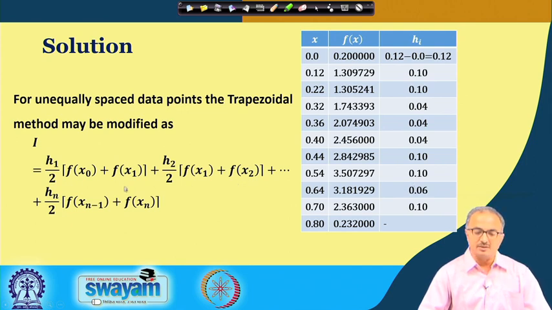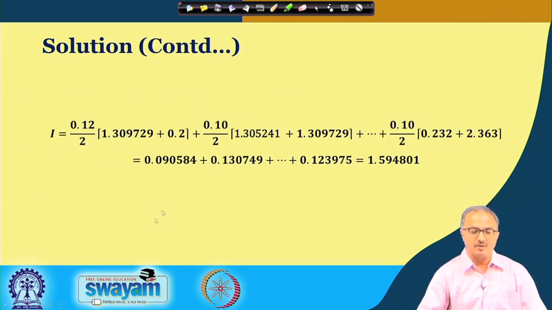So, now putting these things, we know the values of h1, h2 from these differences. Okay? So, we put those differences between two consecutive points and we take the function values at the two x values. Okay? So, now you can see that for all those things we are putting these values of h and f(x), and we are getting this particular value.